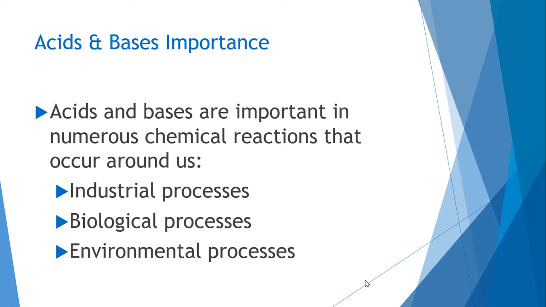If you're cooking, cooking is a big one that works with acids and bases. But there are numerous things around us, such as industrial processes, biological processes, and even environmental processes. So, how do we carve into microchips? How are we able to farm land? Things like that.